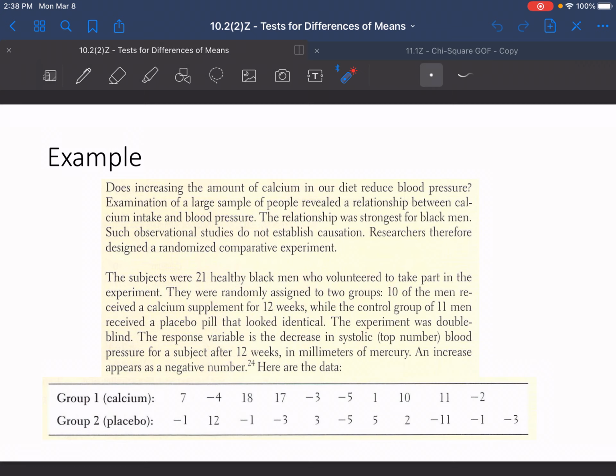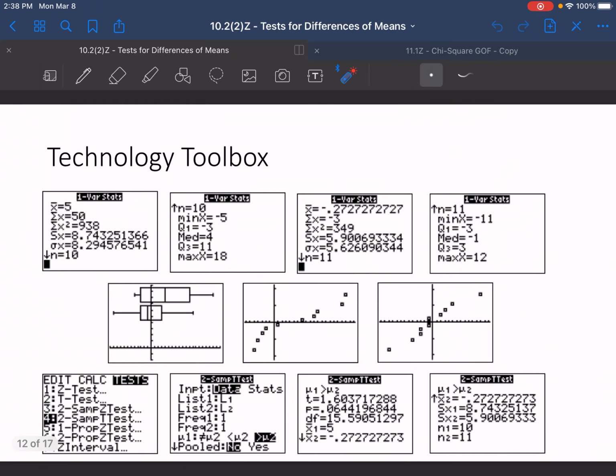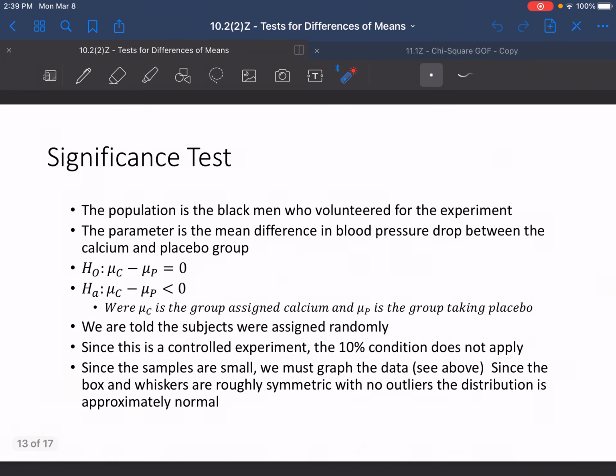And so our goal here is to enter this data into the calculator's stat edit and figure out what we need to figure out, basically. And so all of this we can use to solve the problem. Again, once you've entered that data, just hit Stat again, arrow over to Tests, and scroll on down to 4, and that gives you your two-sample t-test in this case. And then let's go through the first couple steps of the problem before we really dive into how to solve all this or how to state it.